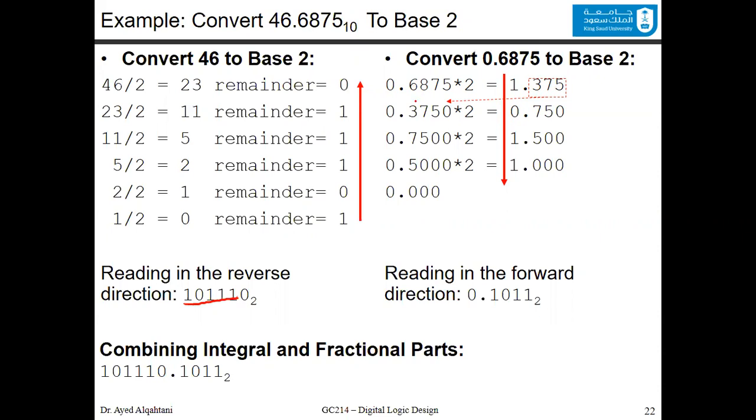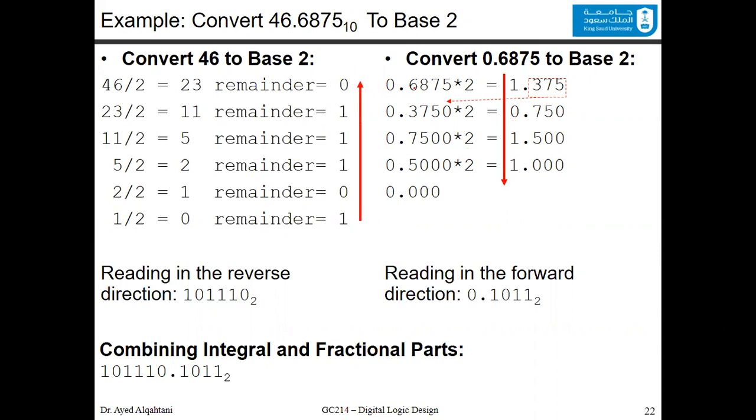You can also think about it this way. If the number is 0.5 or higher, it's gonna definitely generate a 1 for you here. If it is less than 0.5, then it's going to generate a 0 for you.